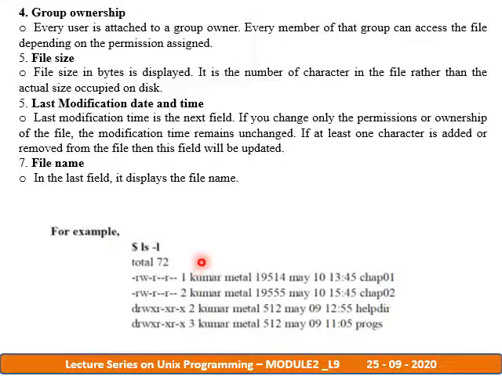Next is the owner or user, the normal user name, or who is the creator of the file. So this is the group owner of that file. So if the owner is Kumar, for example, Kumar has logged in onto the system with the username Kumar, which is going to show that the username is Kumar or owner is Kumar.